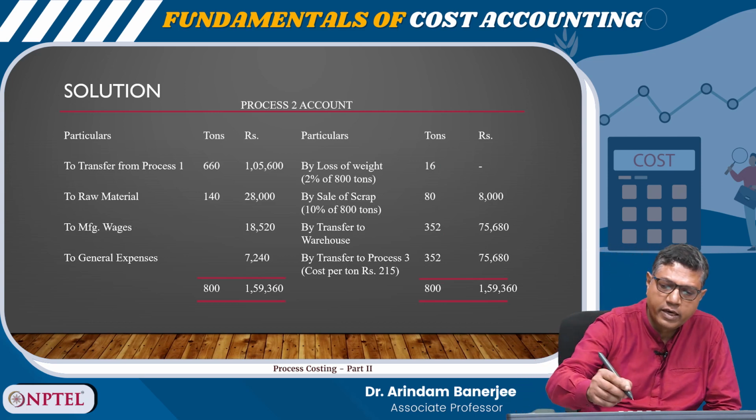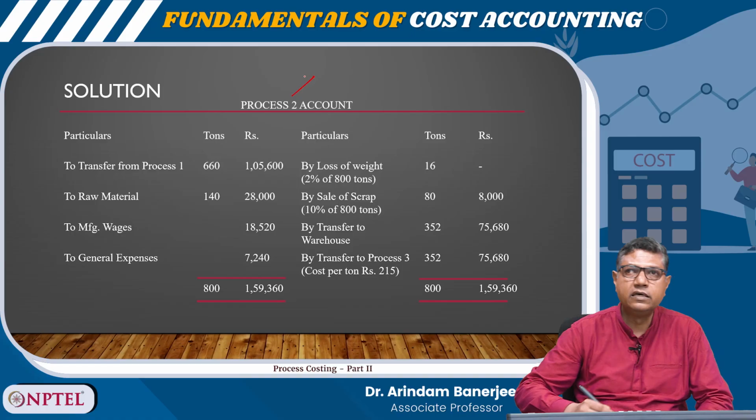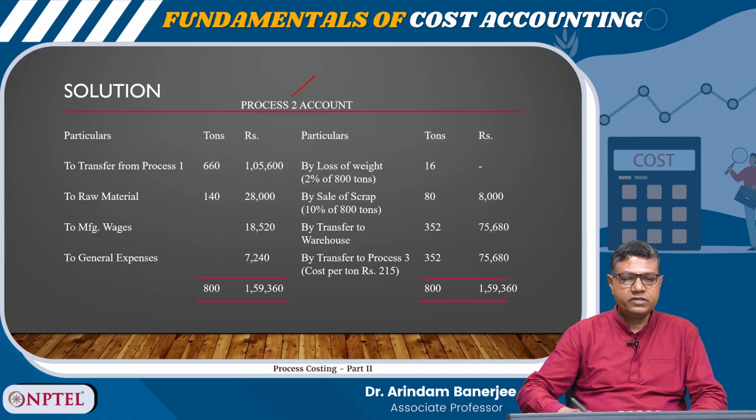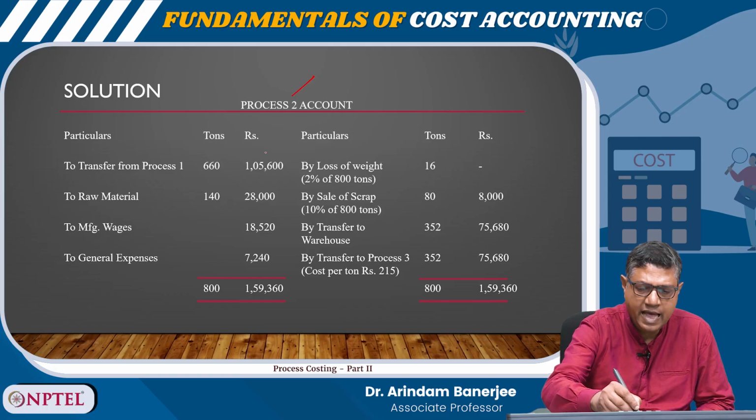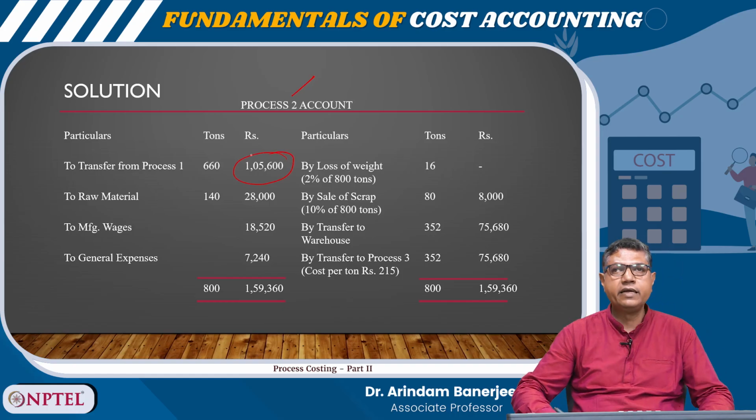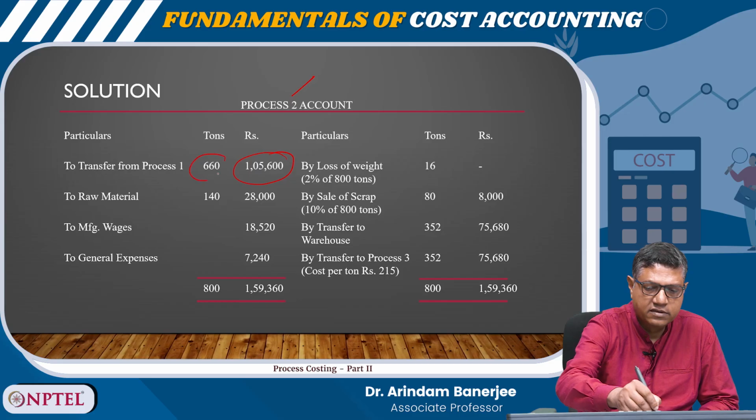Next we will create the process 2 account. This 1,05,600 is getting transferred from process 1, 660 tons, right?